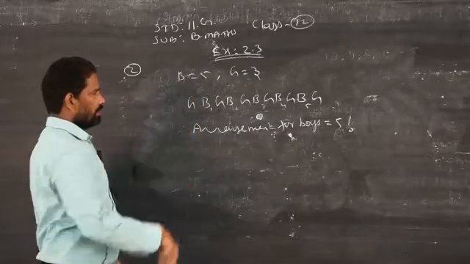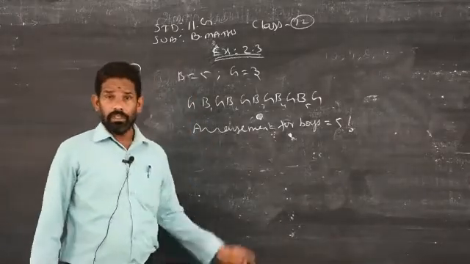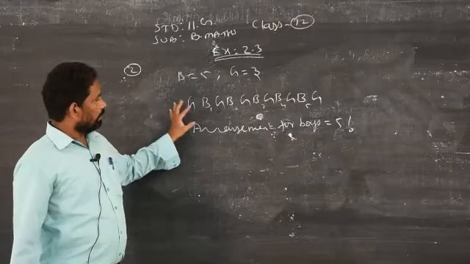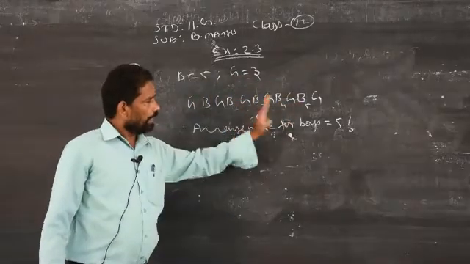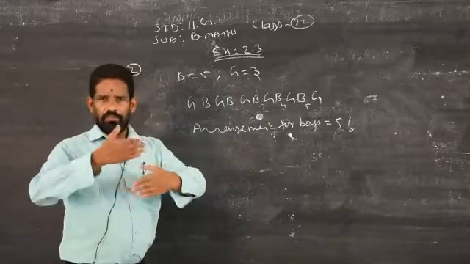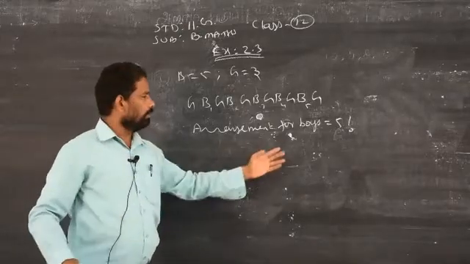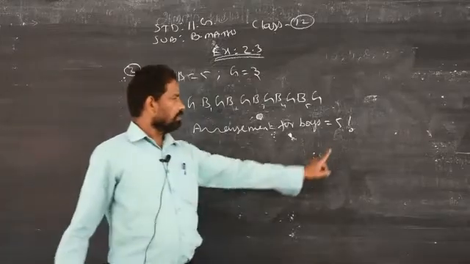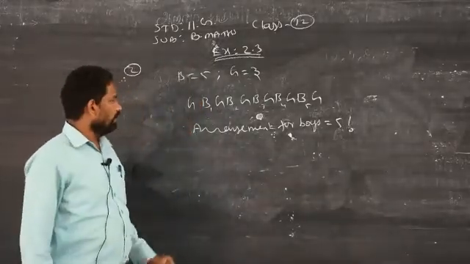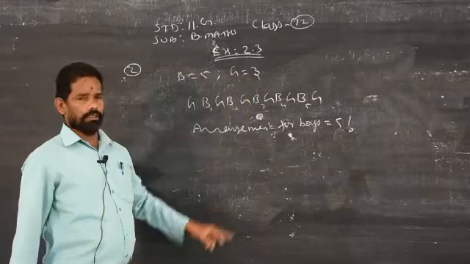So how many places are available for girls in this? Remember, boy 1, boy 2, boy 3, boy 4, boy 5. The boys can shuffle themselves. How many possibilities? 5 possibilities. Each boy has 5 possibilities. So 5 factorial. Whereas girls, only 3 girls are available.